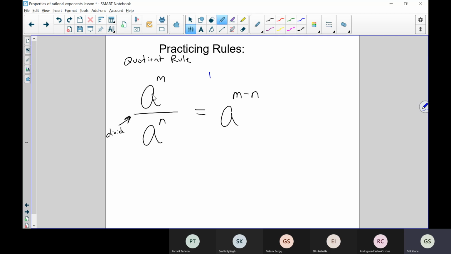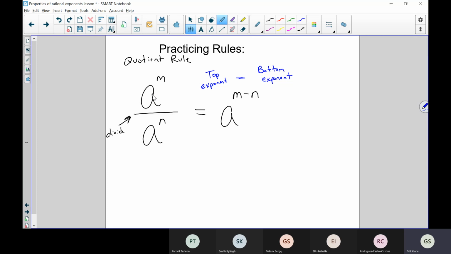You take the top exponent and you subtract, so that's a subtraction sign, the bottom exponent. Do not just take the biggest number and subtract the smallest number.